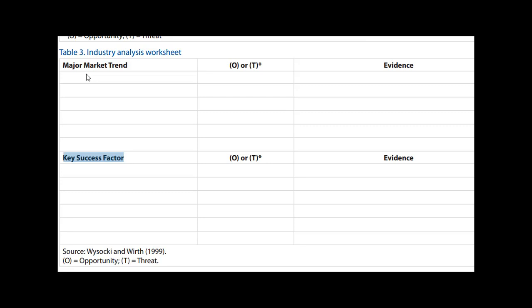You label the top market trends and the most important key success factors, and then you try to identify whether these market trends are an opportunity or a threat for your company. Similarly, you look at how the key success factors can be opportunities or threats for your company, and you do that with evidence.